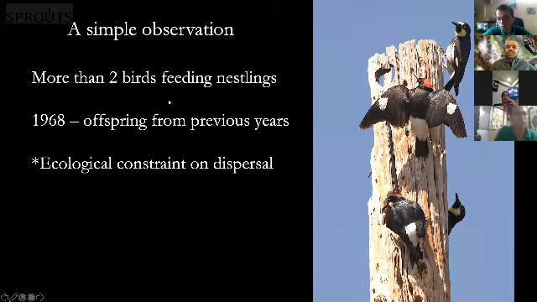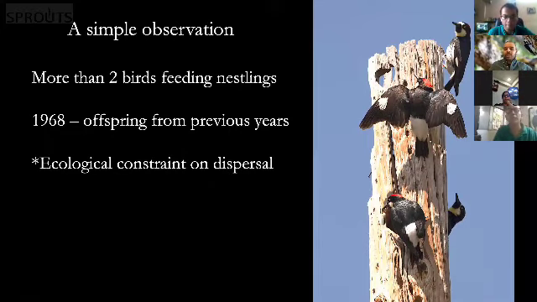And this whole idea was then supported by what we just talked about, the fact that because your siblings have the same relatedness to you as your own kids, the hypothesis was that there is some ecological constraint that keeps these offspring from dispersing and breeding independently. So dispersal is a word that we use in ecology to suggest moving away from your parents' territory.